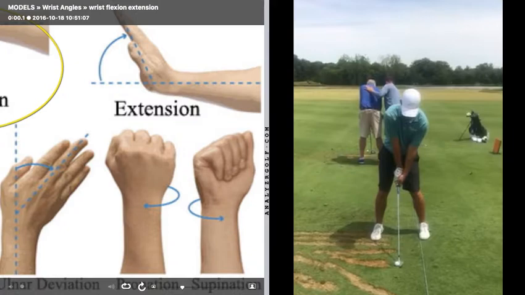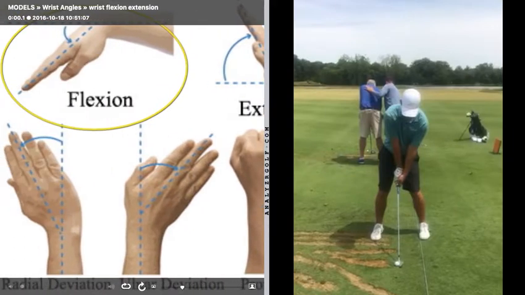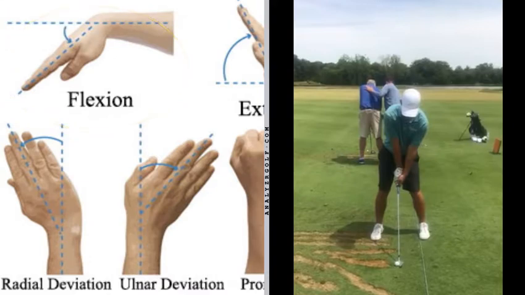Now, there's also two other movements. There's radial deviation, which is down here on the bottom left. Radial deviation is basically cocking your wrist, or think of that in terms of lag in the downswing or in transition, so having a lot of wrist cock. And then lastly, you have ulnar deviation, which would be arching your wrist downward.